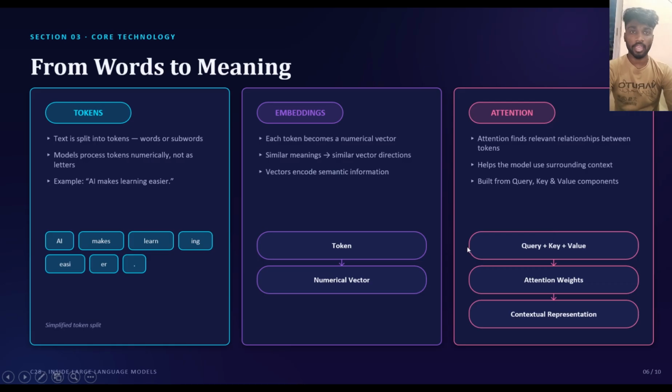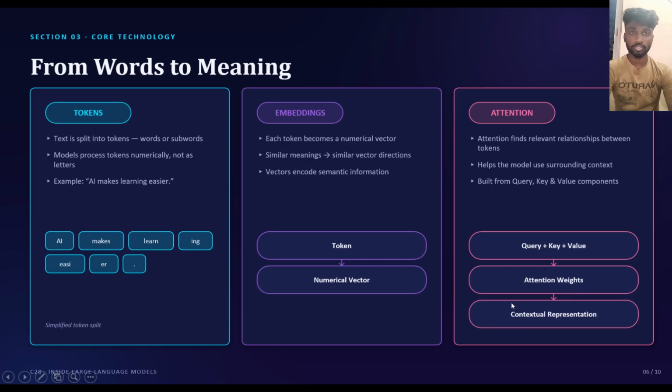Finally, we have attention. Attention helps the model identify relationships between different tokens and understand which parts of the context are important. It uses three important components called query, key and value.